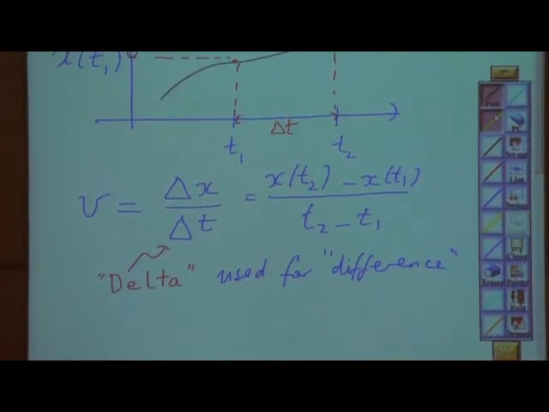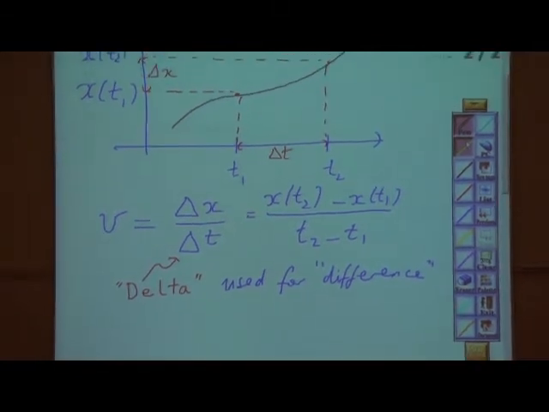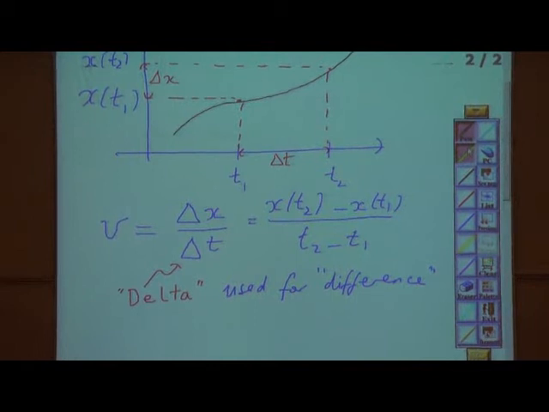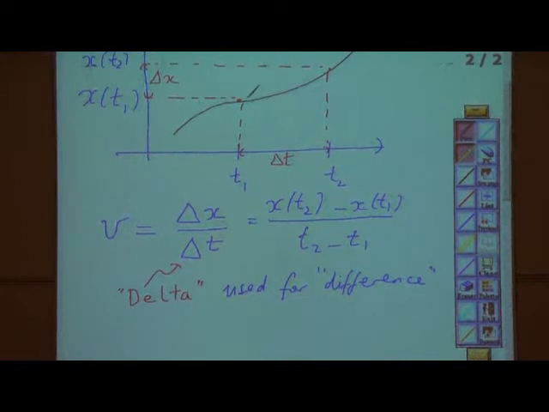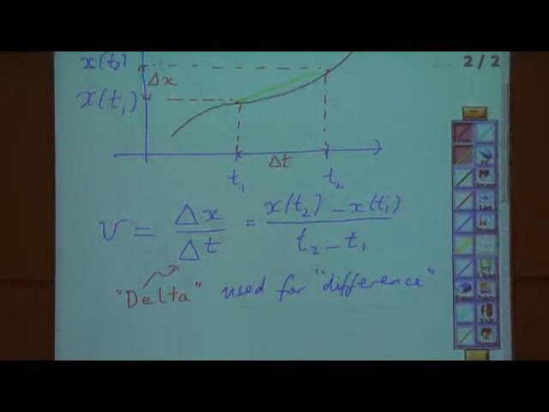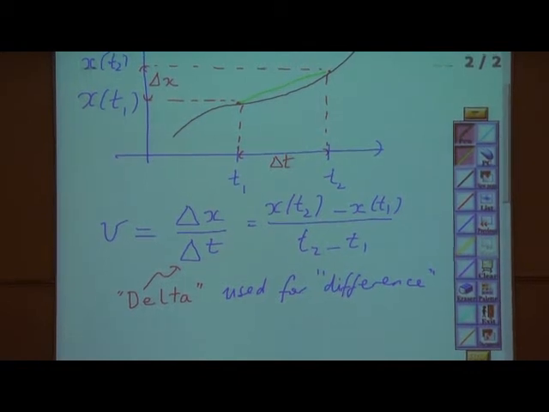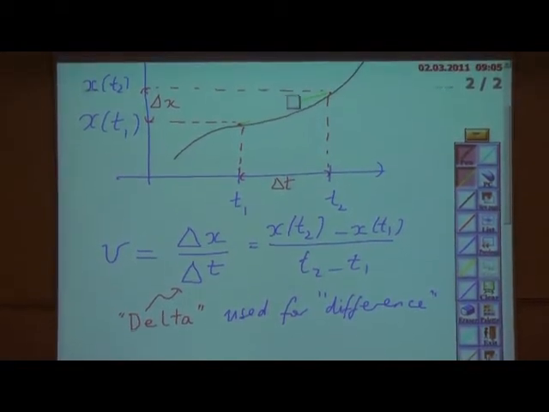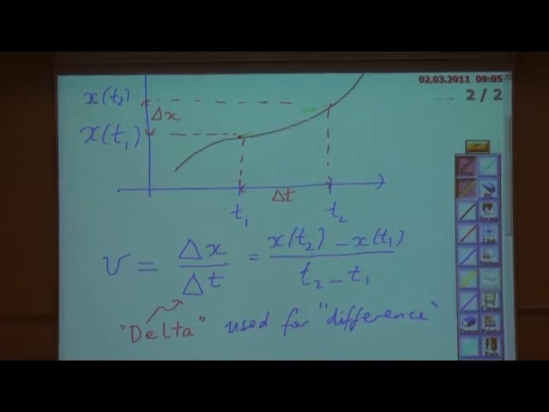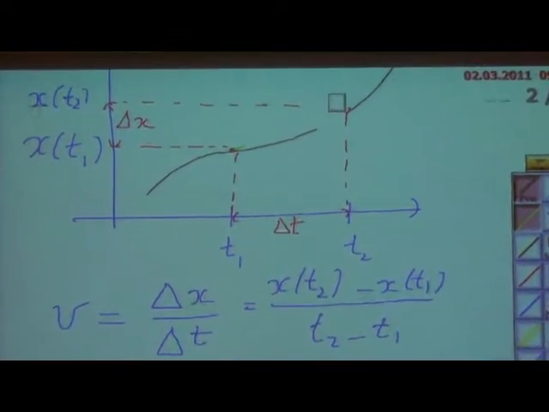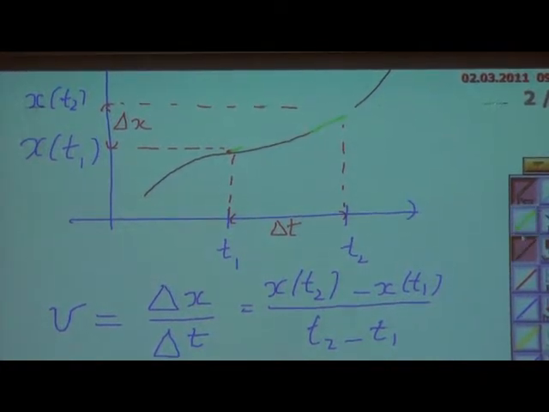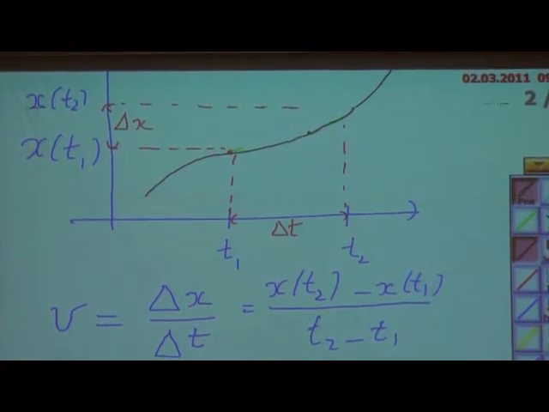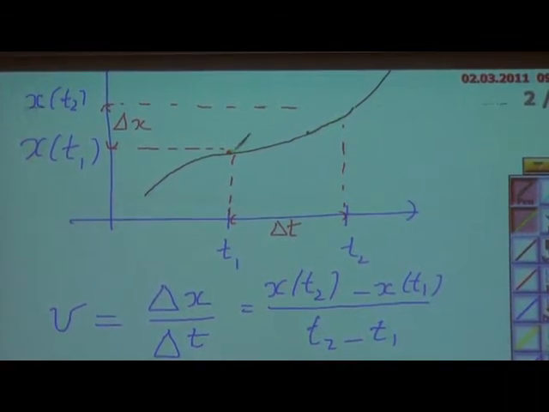Now let me indicate something about this velocity on the graph. Let me draw this line. It should be a straight line. I'll try to make it straighter. Okay.